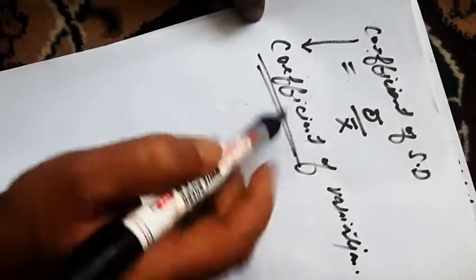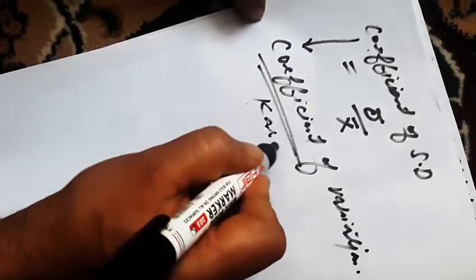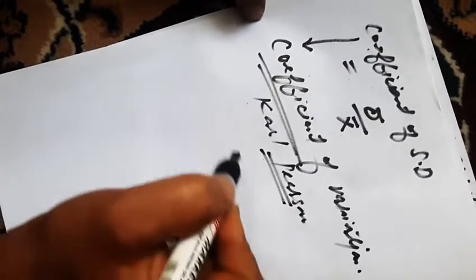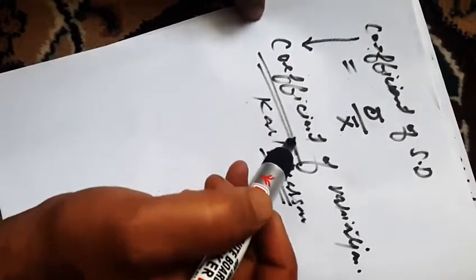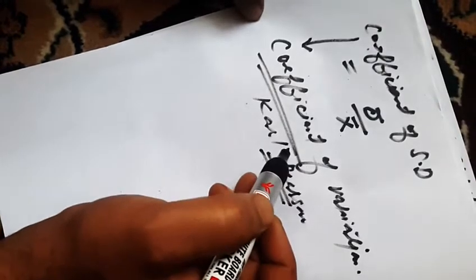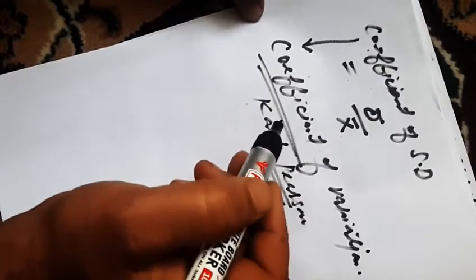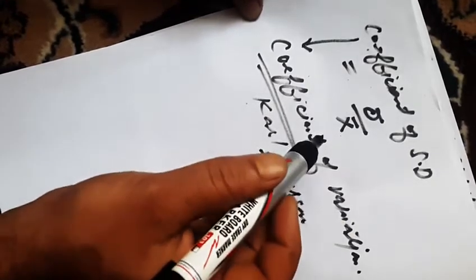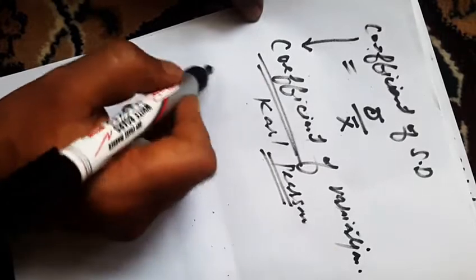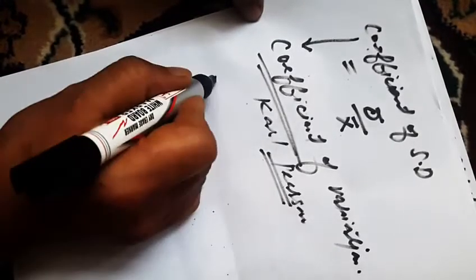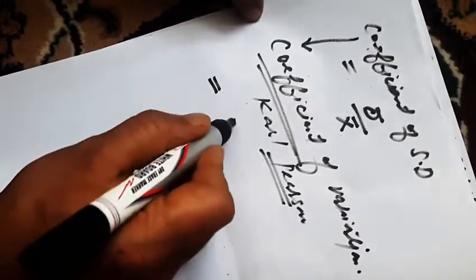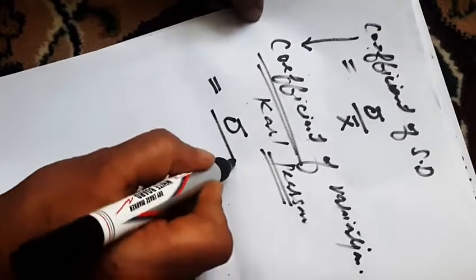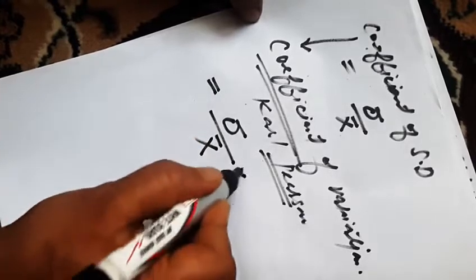The concept of coefficient of variation was given by Professor Karl Pearson. It is a relative measure, and it shows us the variation of standard deviation with mean in terms of percentage. So the coefficient of variation is equal to standard deviation divided by x bar multiplied by 100.